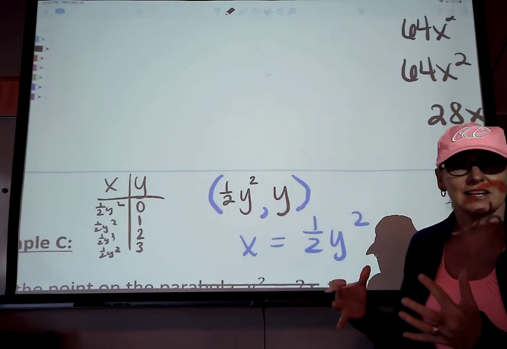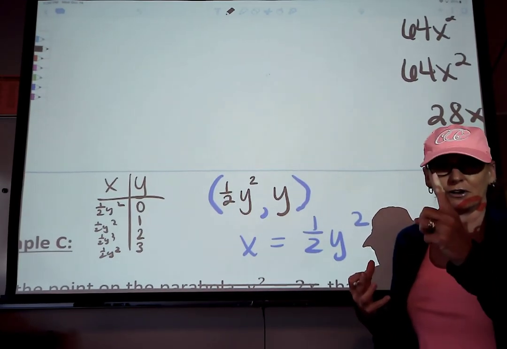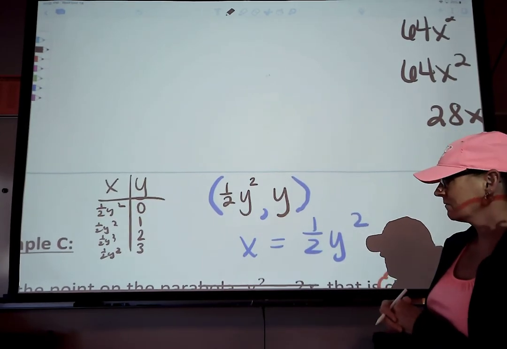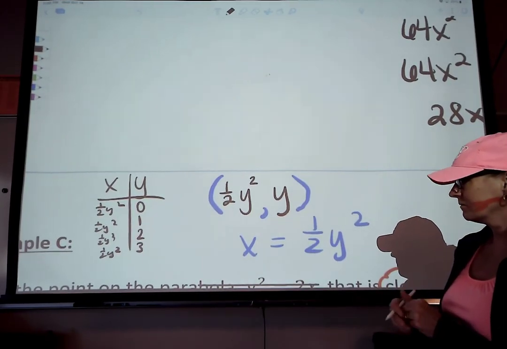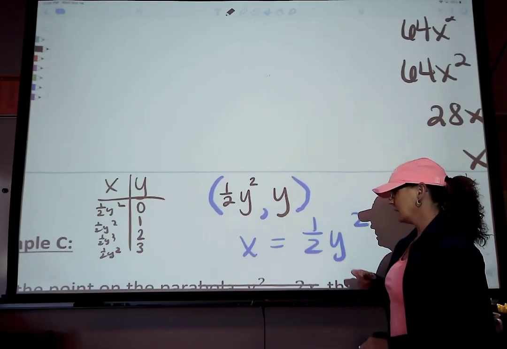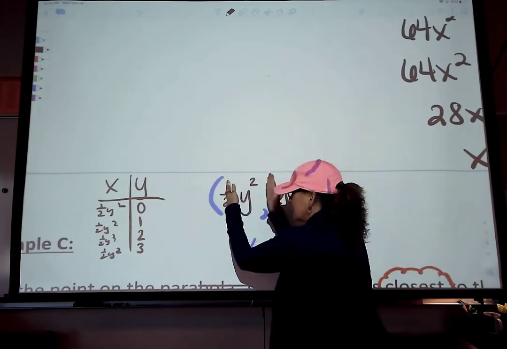Look what I just did. I just created an ordered pair in one variable. This is my input. This is my output. I plug in y's. I do this math, and it gets me my x's.